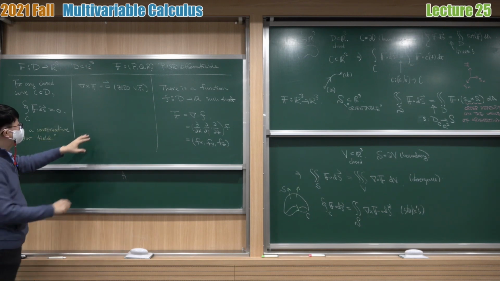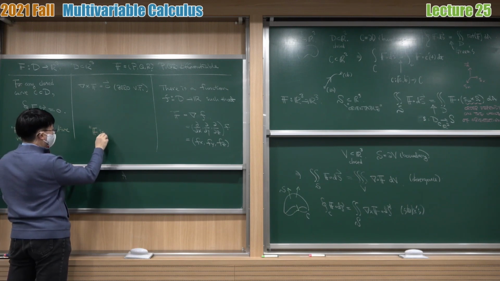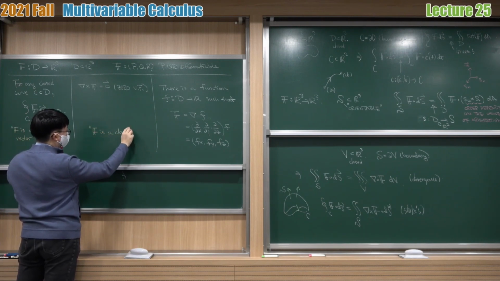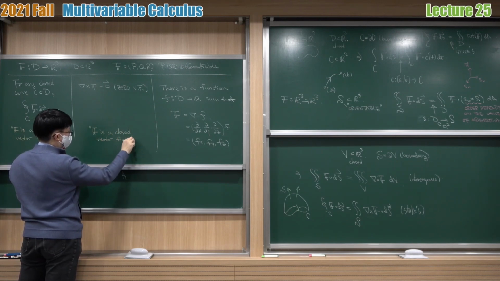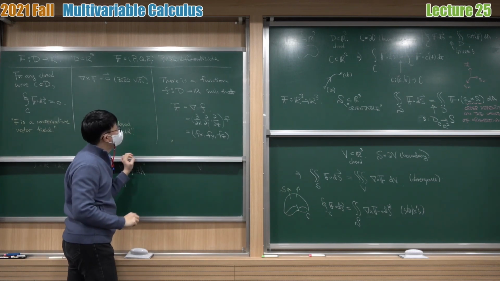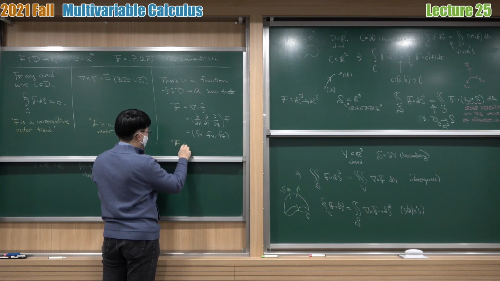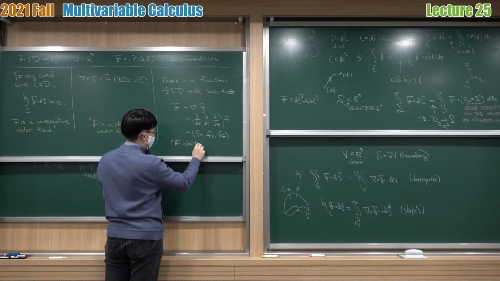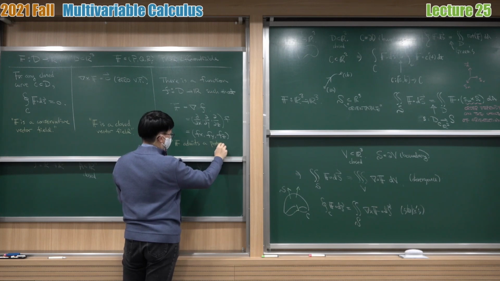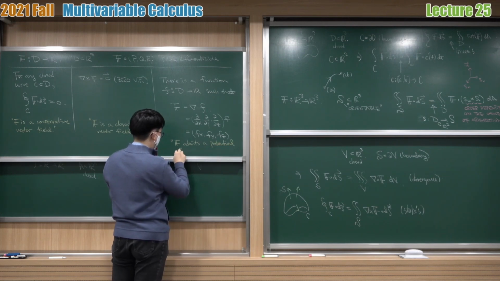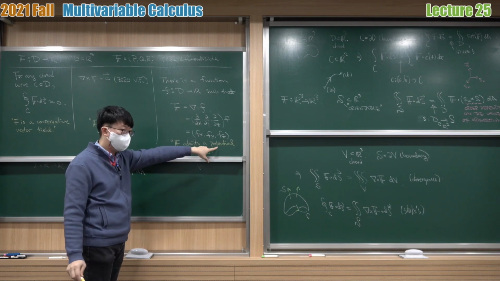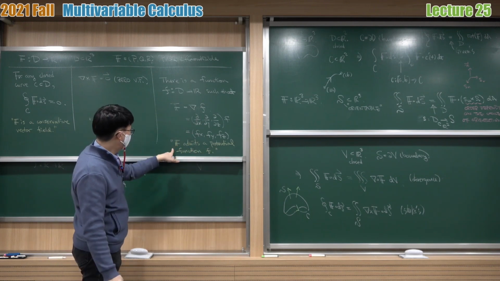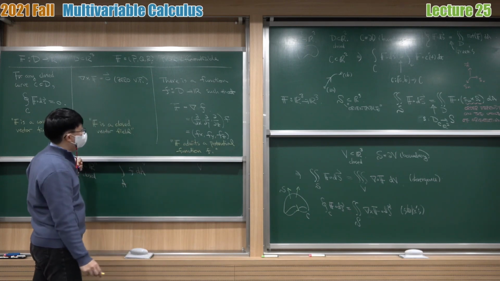The second condition says that F is a closed vector field. The last condition is that F admits a potential function f. So this f, which satisfies this equation, is called the potential function, and we call this condition F admits a potential function f.